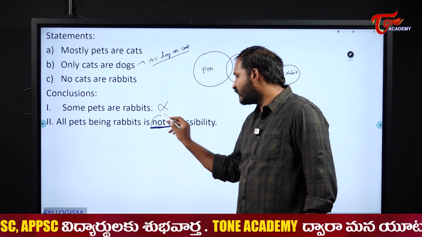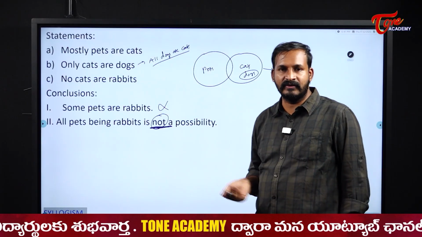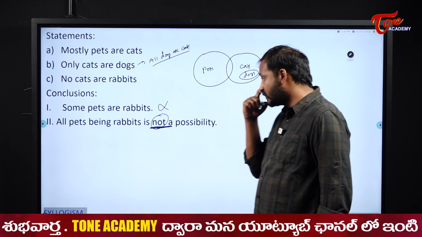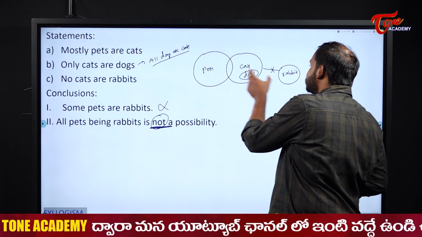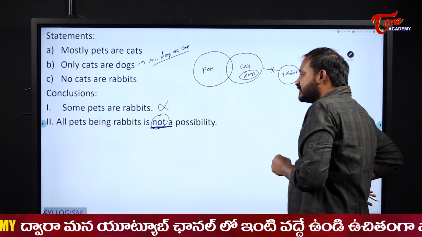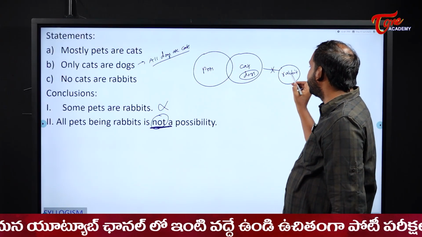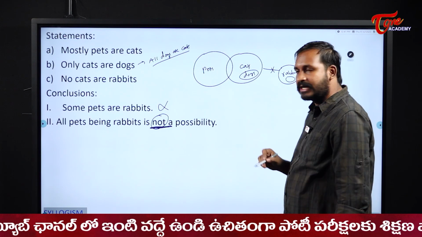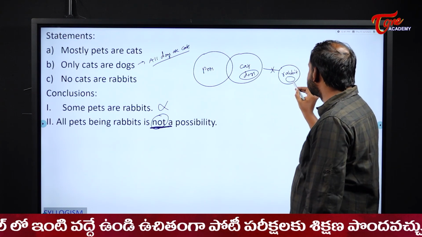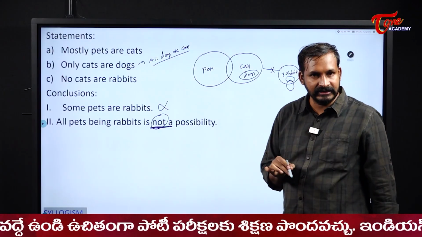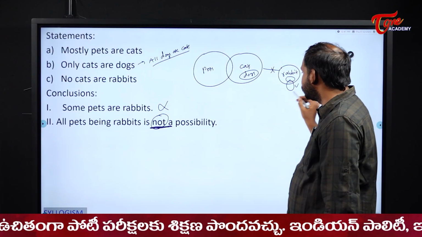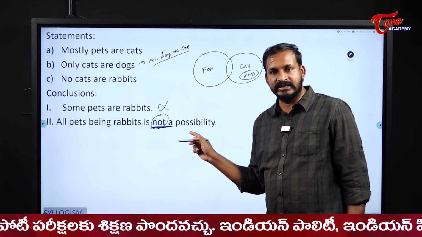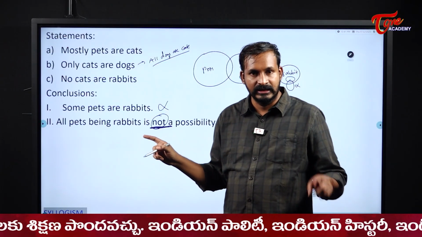So I will find for is a possibility, and its opposite will be my answer. All pets being rabbits is a possibility. That means I will drop pets completely inside rabbits. If I drop pets completely inside rabbits, what happens? Cats will intersect with rabbits, right? Which is against my statement. So all pets being rabbits is a possibility, that is false.